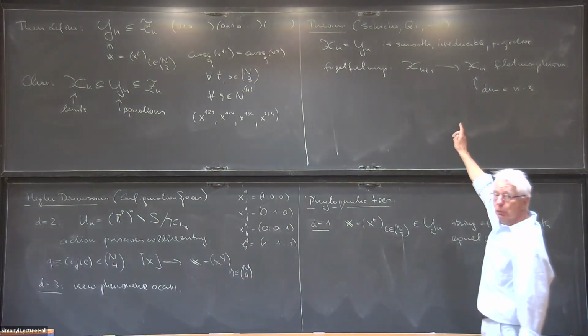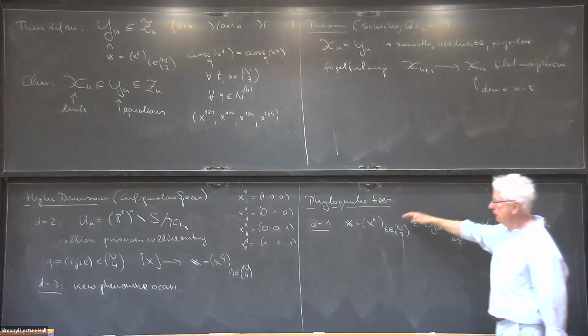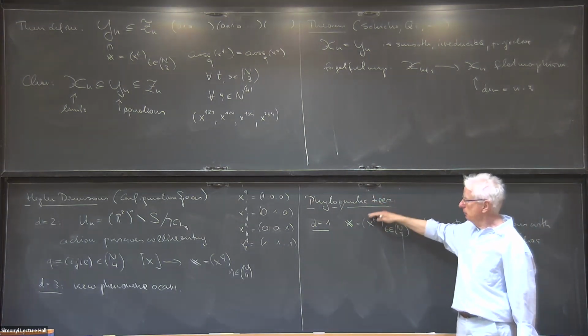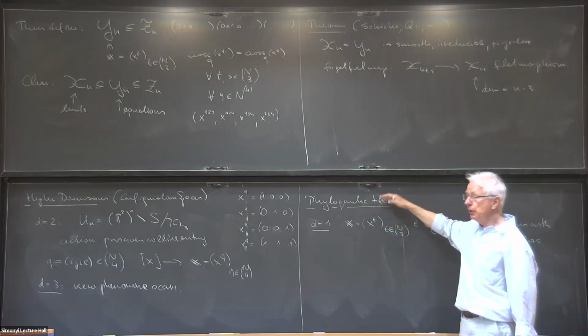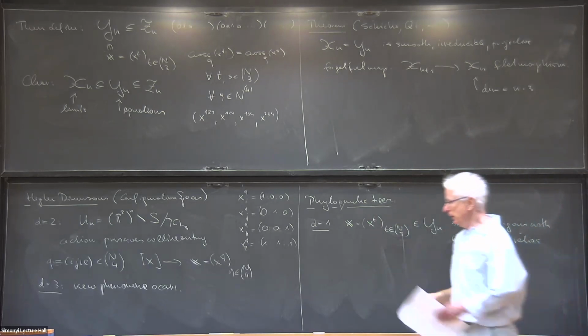And in order to prove this theorem, we will use the construction of a graph associated with such a string, which will be a phylogenetic tree. And we will use the combinatorics of phylogenetic trees to prove the theorem. Okay, so it will be completely elementary.